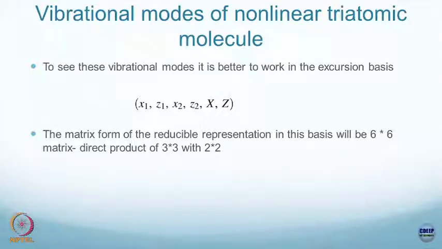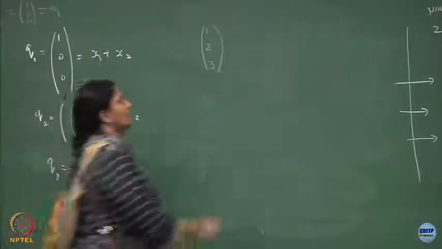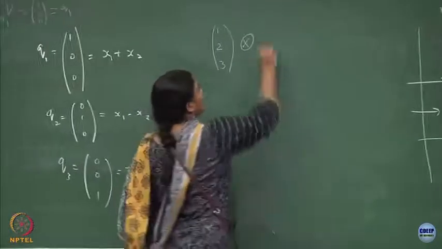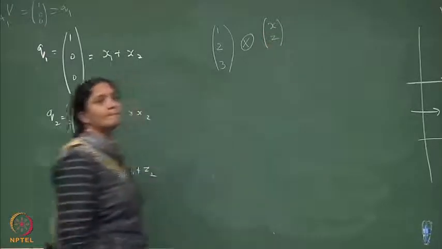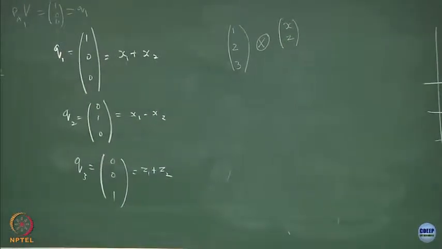So, I am going to do something like this. Atom 1, 2 and 3, tensor product with X and Z. Okay. What is the meaning of this?